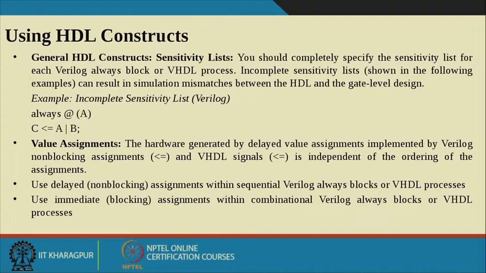So again, a good coding practice. Suppose you consider this sensitivity list in this Verilog code: always @(A) C = A or B. Here you see this is a purely combinatorial circuit, so C is assigned based on the values of A and B. In Verilog, the sensitivity list senses the changes which occur in the variables listed in it. So C needs to change based on a change on A or B, both of the variables.